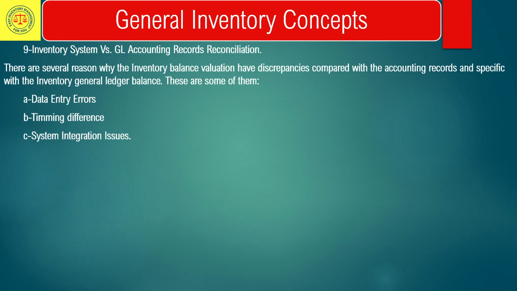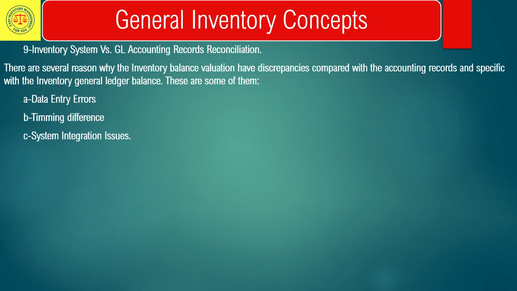System integration issues. I already mentioned very quickly other things. It could be when the systems are integrated in between. So most of the time it's just the inventory system supplying the information to the accounting system.